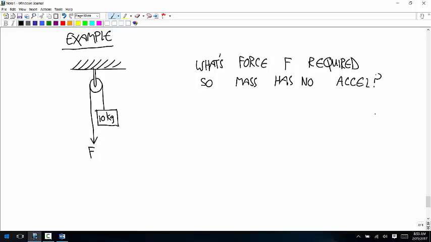Well, the way this works is I'll draw a free body diagram of the mass. The tension stays the same all the way through this cable, so I'm just going to call this force F. We have the weight of 10 times 9.81, so 98.1.